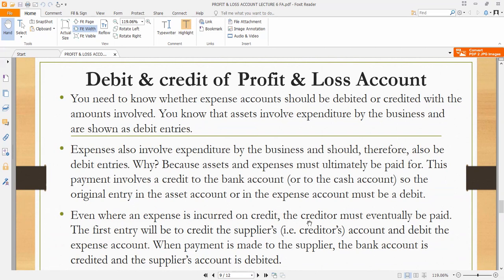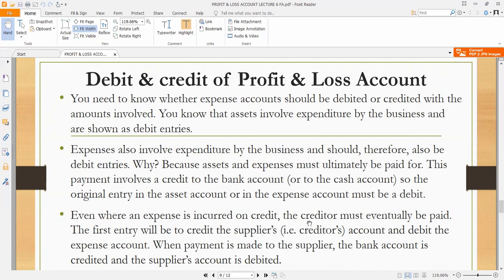Expenses also involve expenditure by the business and should therefore also be debit entries. But why? It is because assets and expenses must ultimately be paid for. This payment involves a credit to the bank account or to the cash account. So the original entry in the assets account or in the expense account must be a debit.